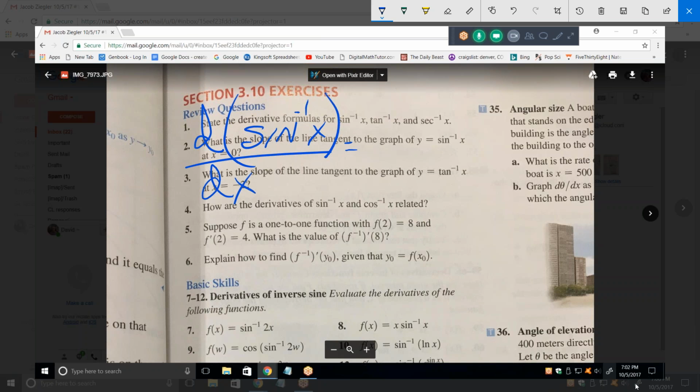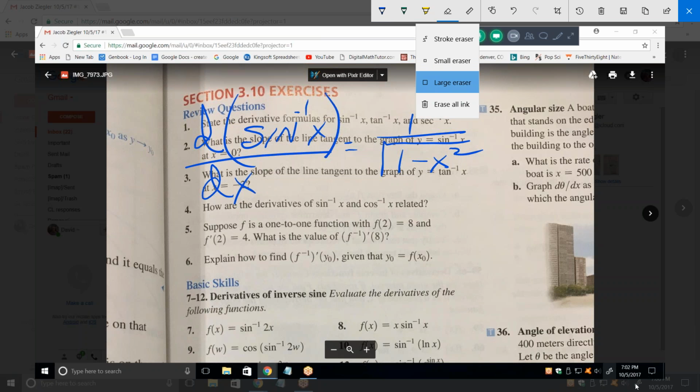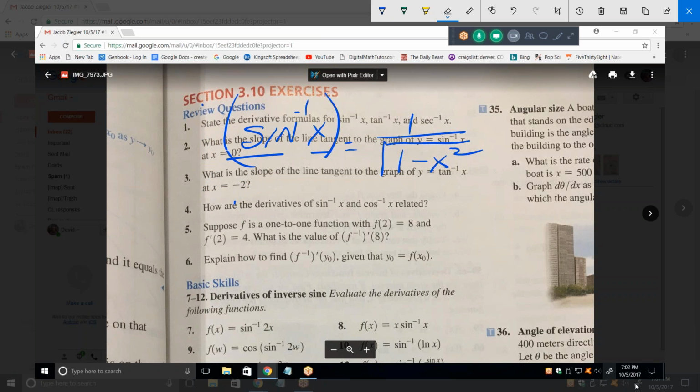We get 1 over square root of 1 minus x squared. Here, let me erase some of this stuff so I don't fill up my page with the stuff that we don't really need. I'm going to draw a table just like I drew a table when we were doing derivatives of trig functions.